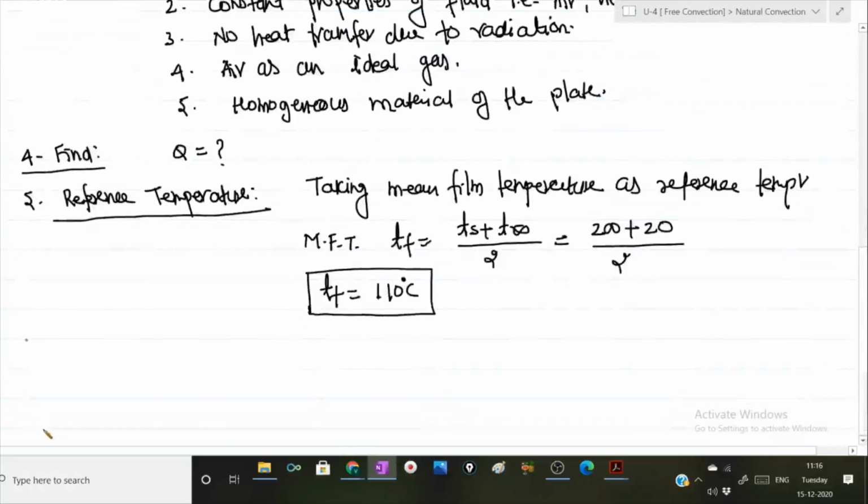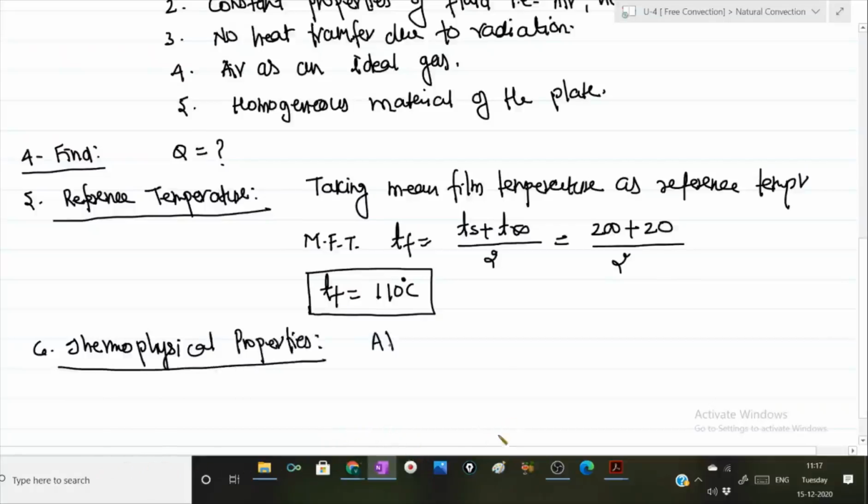Then comes, after finding out the reference temperature, thermophysical properties. Thermophysical properties of what? Of surrounding fluid, that is air.